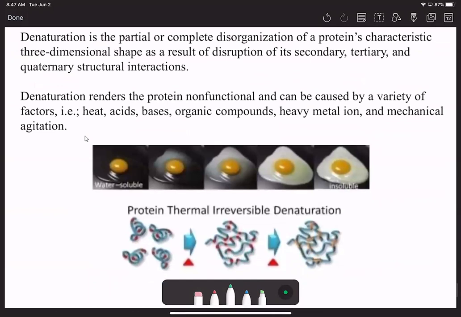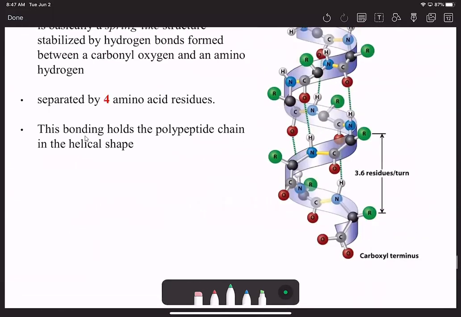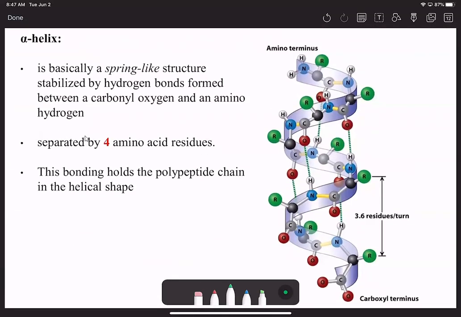Well, denaturation, thermal denaturation, is where we're going to not break up the peptide bonds, but we are going to break up the hydrogen bonds. So if we were going to perform hydrolysis here, hydrolysis would break off this amino acid, and it would break off this amino acid, and we'd separate it into a bunch of little separate amino acids.